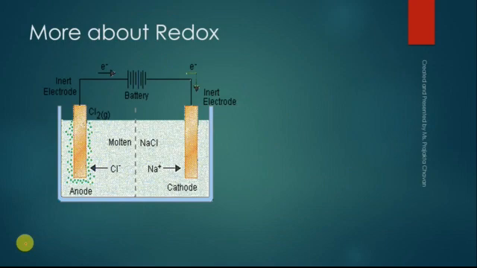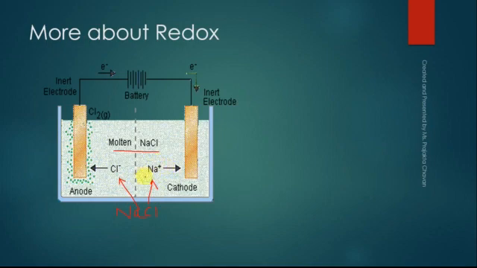Here is an image, students. This is nothing but electrolysis of molten NaCl. I hope you all know that in electrolysis, NaCl, as soon as we pass electricity, it will get converted into respective ions, that is Na plus and Cl minus, isn't it?